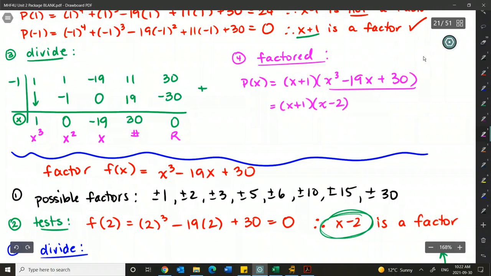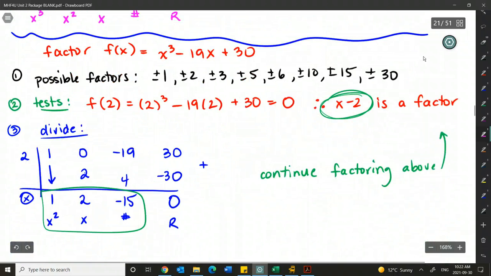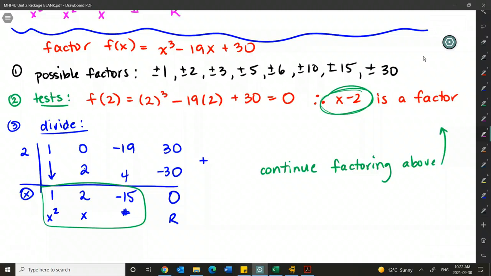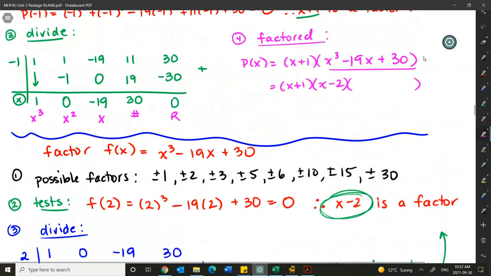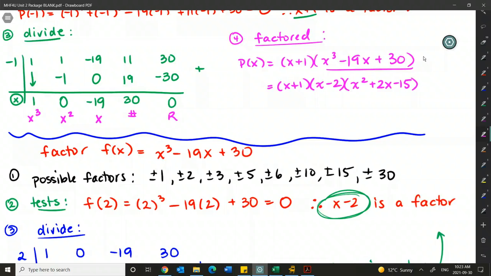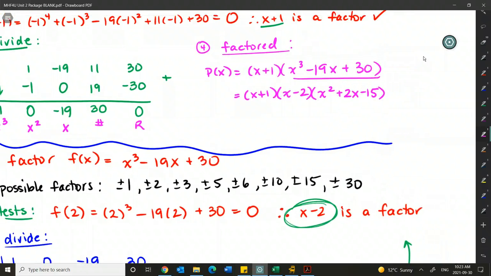I'm going to put that here. And then I'm going to put the remaining quadratic that I had from down here, which is x squared plus 2x minus 15. Okay, so divisor times quotient from my division from below. We're almost there. Can we factor any further?